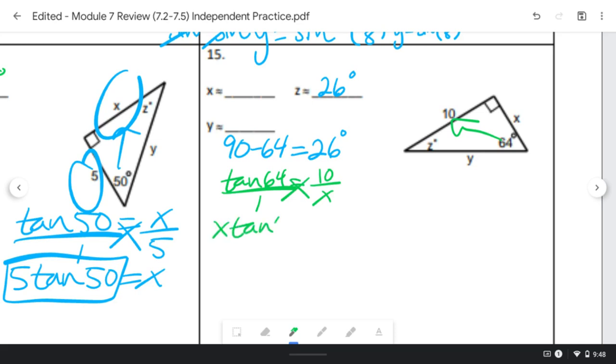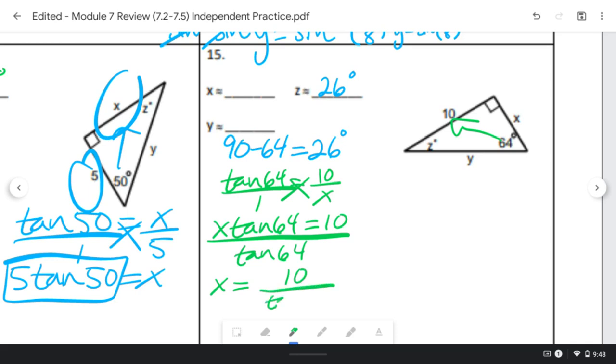X tangent of 64 equals 10. Divide both sides by the tangent of 64. And this is what you'll be plugging into your calculator: 10 divided by tangent of 64. And you're going to round that to 1 decimal place. And so for x, you get 4.9.